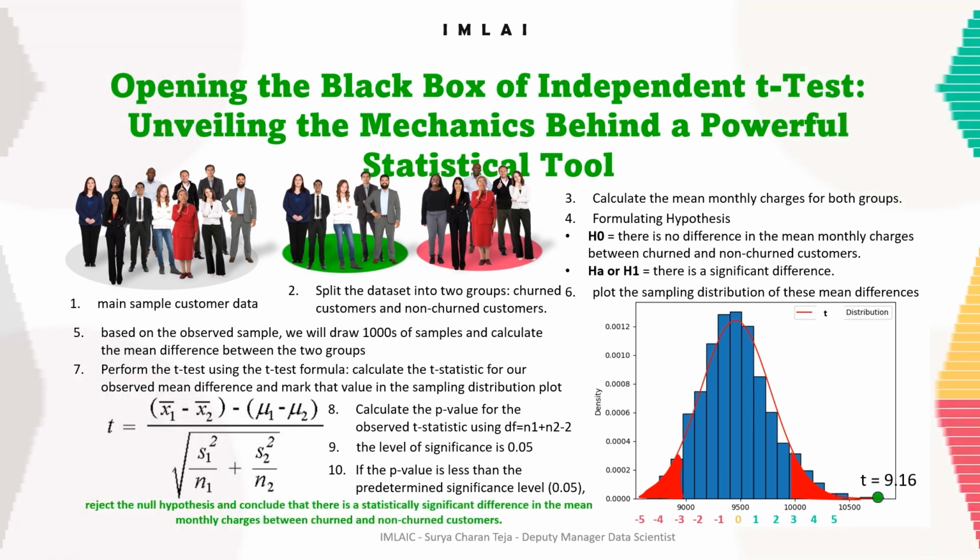So we reject the null hypothesis and conclude that there is a statistically significant difference in the mean monthly charges between the churned and non-churned customers. Hence we say there is a statistically significant relationship between those two variables, monthly charges and type of customer, churned or non-churned.